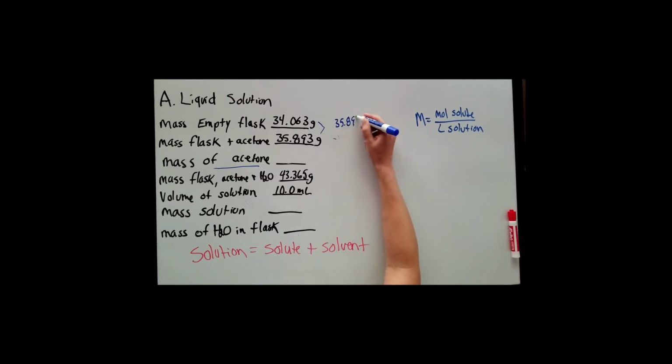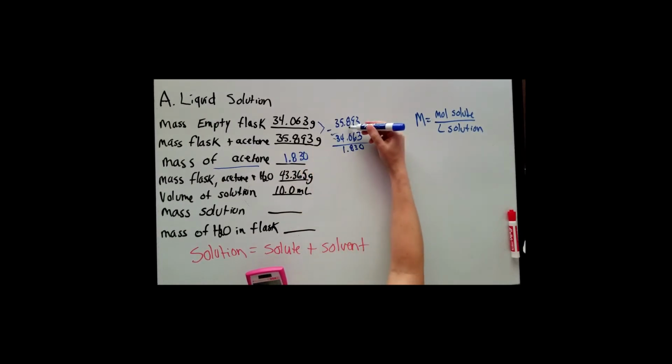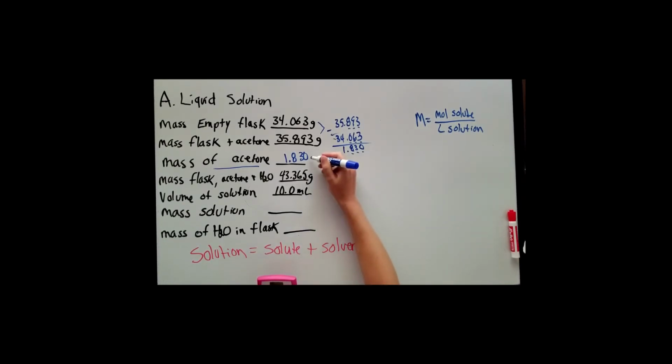So we take 35.893 minus 4.063, and I get 1.830. Why did I add a 0 on the end of that? If you remember, with significant figures, when we're subtracting, we're looking at decimal places only. We have 3 decimal places in both these numbers, so I want 3 decimal places in my answer. So I have 1.830 grams of acetone.